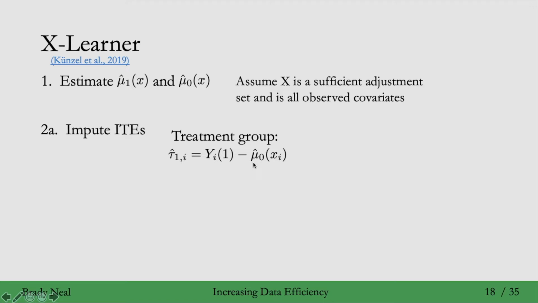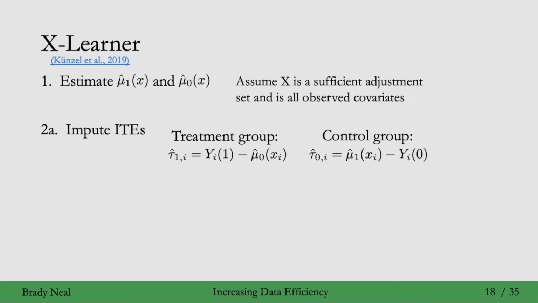And then we use the model that we fit for mu0, where we feed in that individual's covariates to impute this treatment effect. So we're kind of imputing this potential outcome, the one that we don't observe due to the fundamental problem of causal inference.